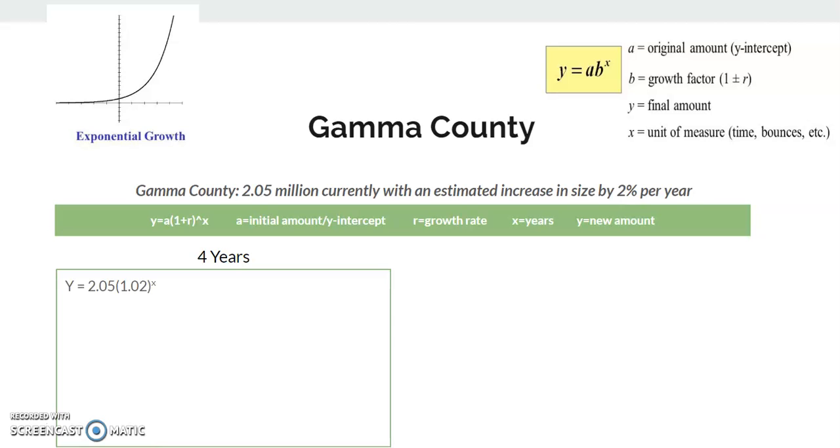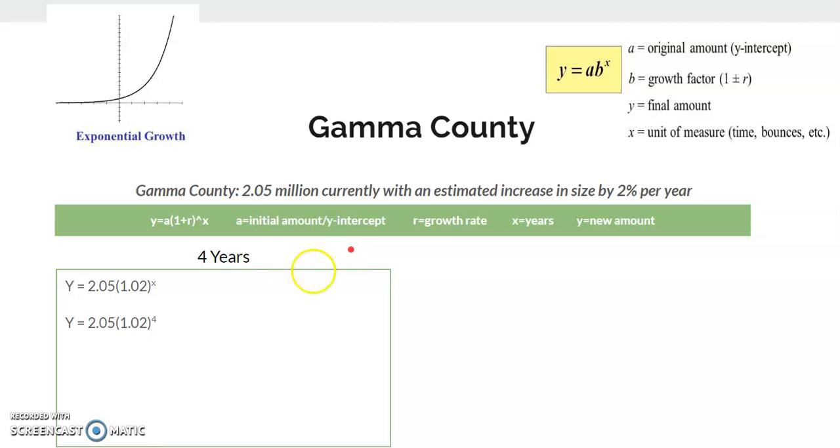But okay, so we can use this equation again, same one. Y equals 2.5 multiplied by 1.02 to the x power. So the x is the number of years. 2.5 is our initial amount, or our y-intercept. And 102%, which is 1.02, is our growth rate.